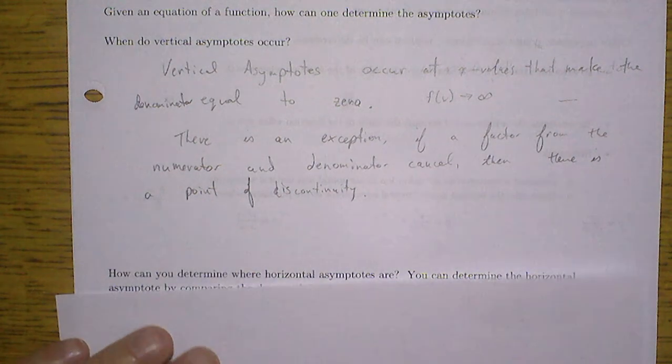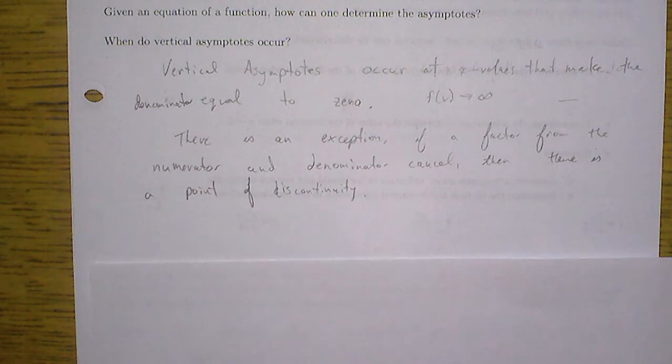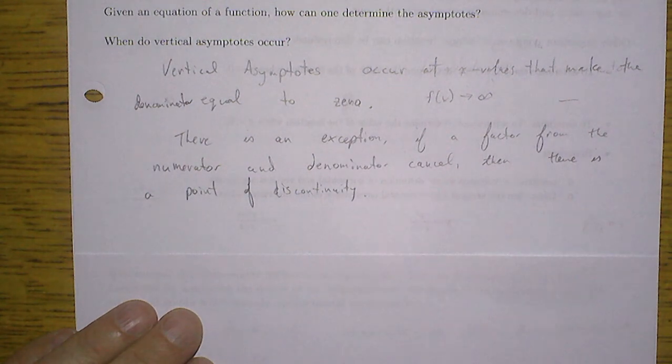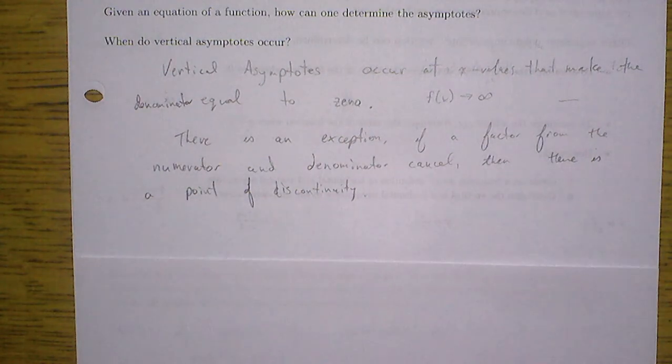I hope that makes sense. So really, you have to look out for your non-permissible values. It's really good to always factor things. Factoring really makes your vertical asymptotes stick out, and it also draws your attention to common factors for points of discontinuity.